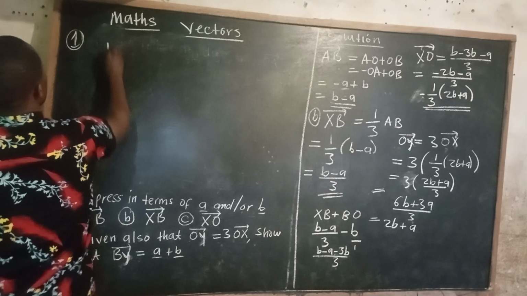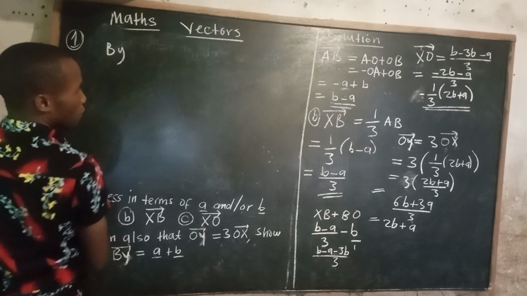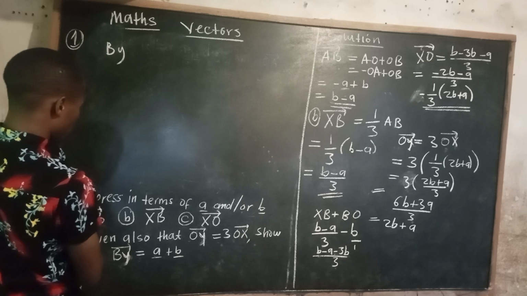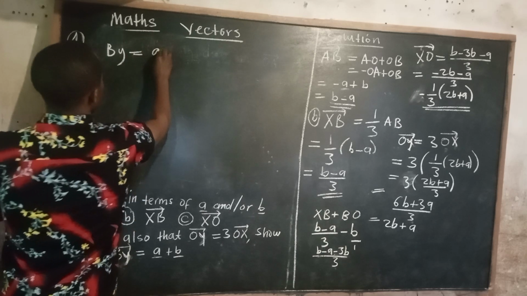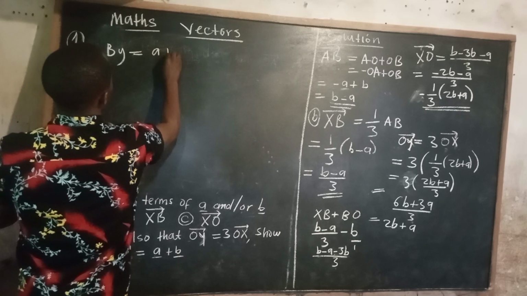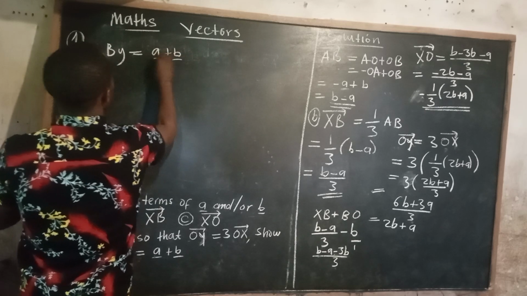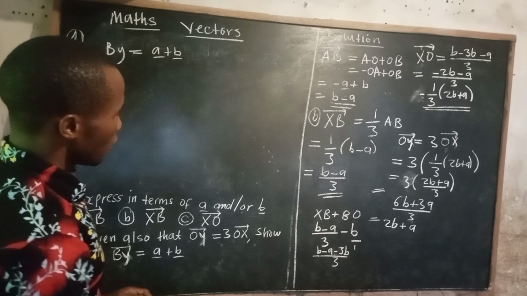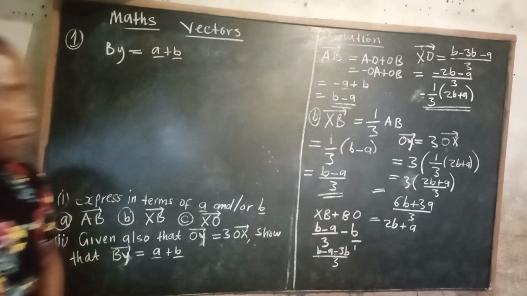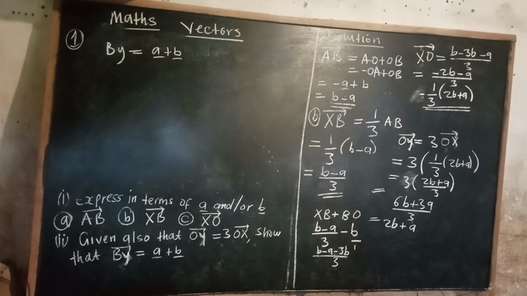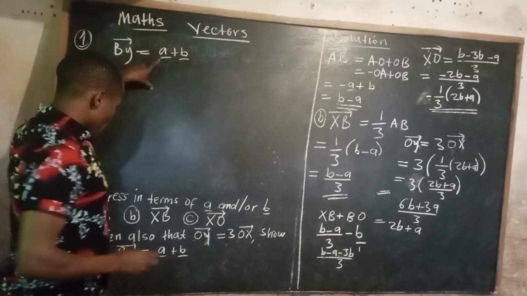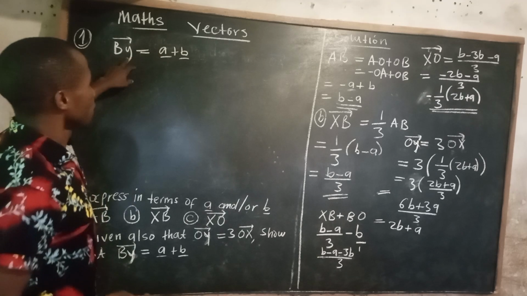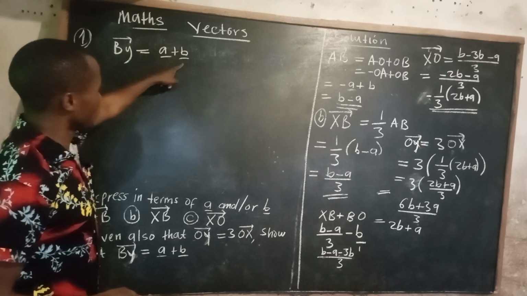Okay, so BY is equals to a plus b. So now we are going to prove that BY is equals to this.